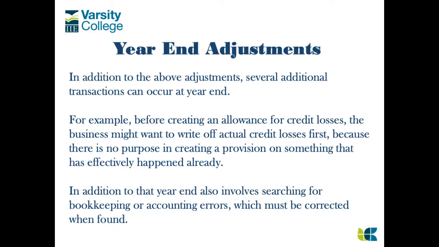Okay. Now, provision or allowance for credit losses is where we're saying we typically sell, sorry, let me say 5 million a year in credit sales. That's typically what we manage to sell. But we know for a fact not everybody's going to pay us.